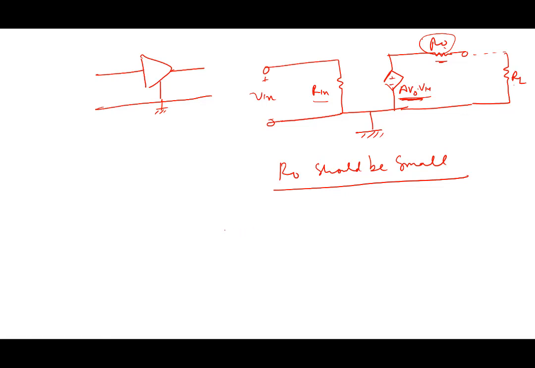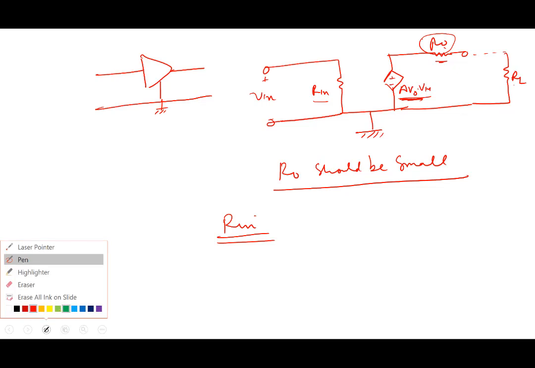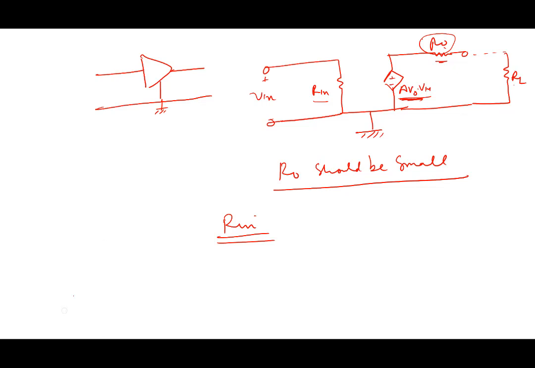What about Rn? Should Rn be small or high? Why is that? For example, if I have a voltage source and I connect an RS here, for the signal to get amplified, I want this Vs to appear here, Vs to go to Vn.